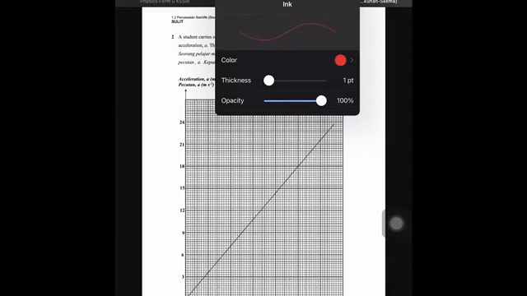Question number 2. A student carries out an experiment to investigate the relationship between the force and the acceleration.